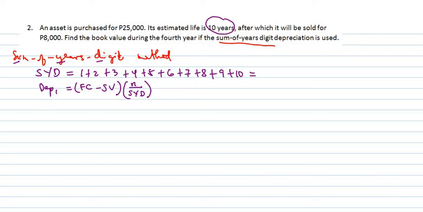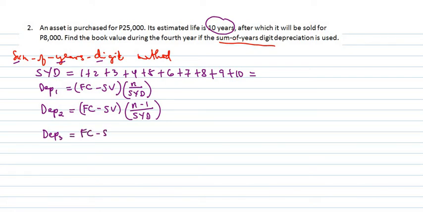And then if we find the depreciation on the second year, we have F, first cost minus the salvage value, multiplied by n minus 1 all over the sum of years digit. And then the third annual depreciation, we have the first cost minus the salvage value times n minus 2 over SYD.